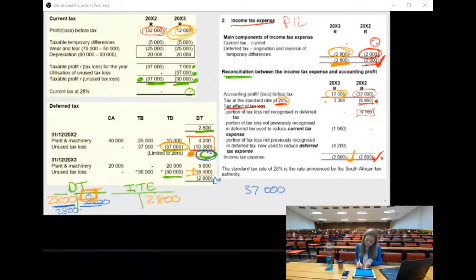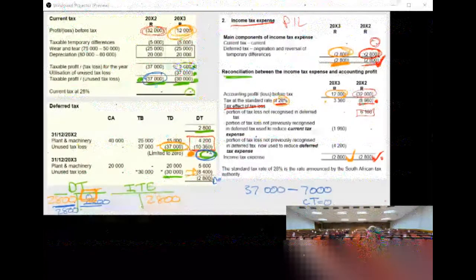First of all, we used some of that. We used 7,000 of that to make our current tax zero. So of the 37,000, we used 7,000 to decrease my current tax expense.